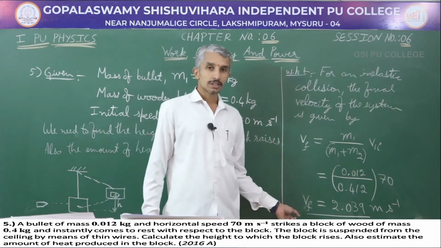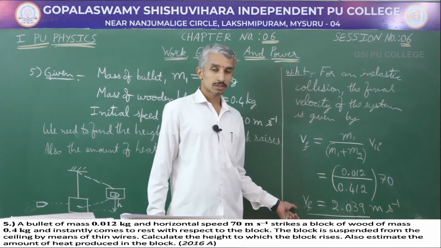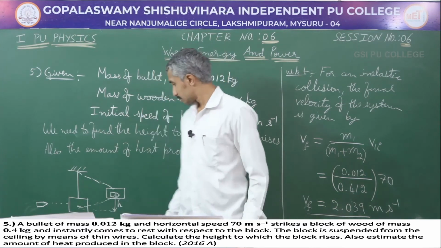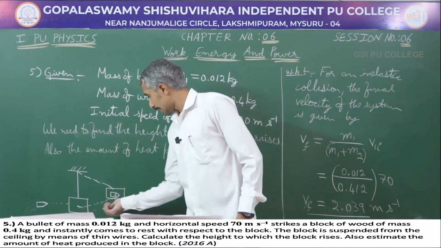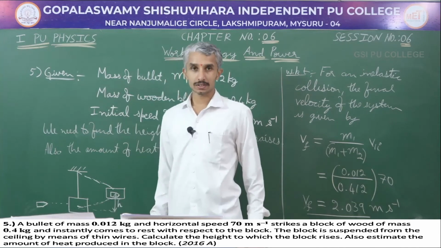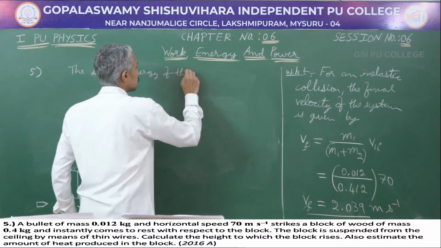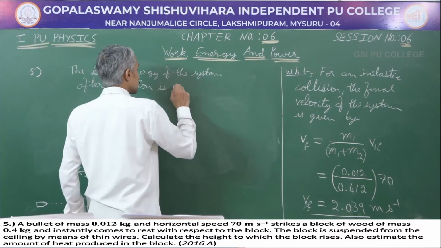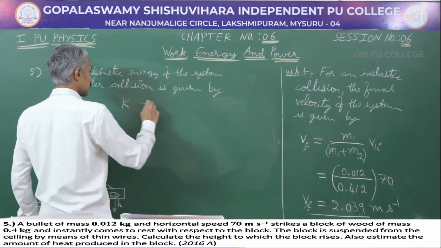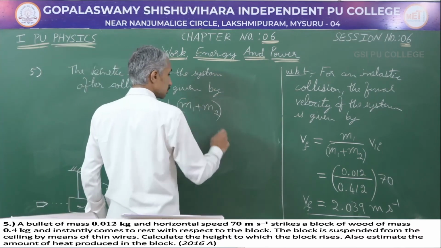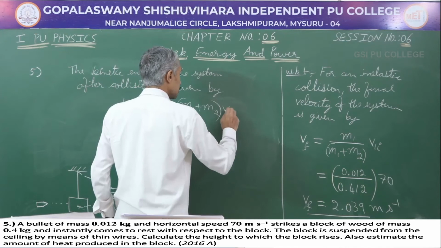Let us find the kinetic energy associated with this, and making use of the law of conservation of energy, I can calculate the height to which the block rises. I will be continuing the same. The kinetic energy of the system after collision is given by, take this as kinetic energy K, which is equal to half m1 plus m2 into the final velocity square.